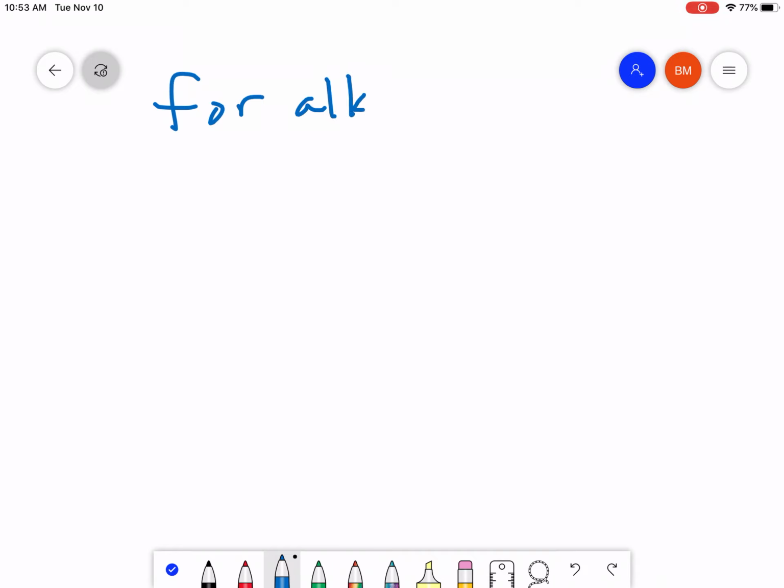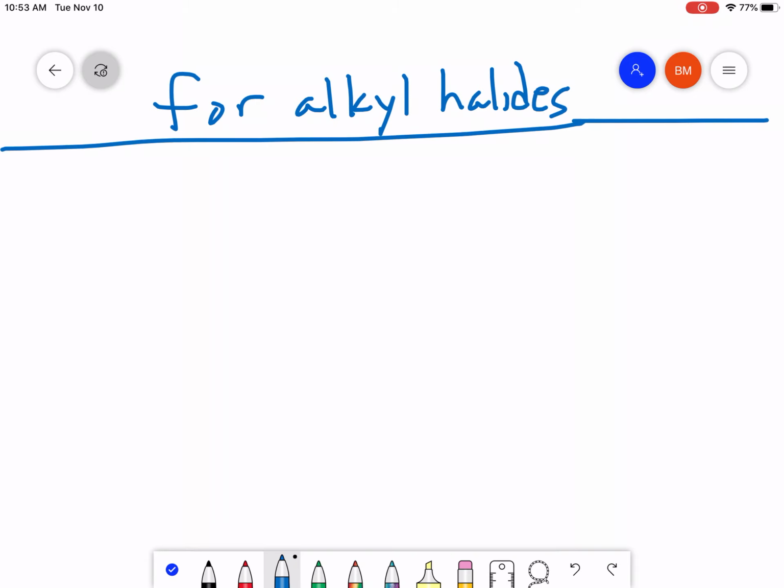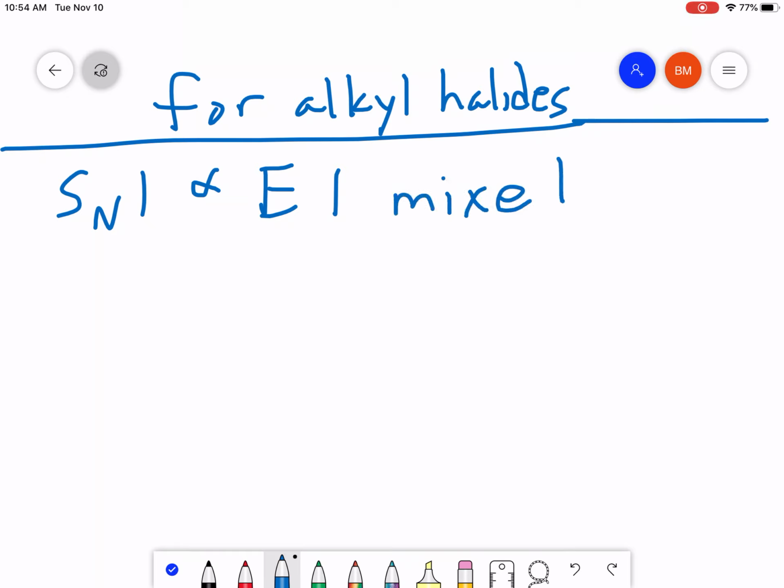In alkyl halides, you always get SN1 mechanisms and E1 mechanisms mixed together. You cannot have an SN1 reaction without also getting competing E1 reactions, and vice versa, of course.